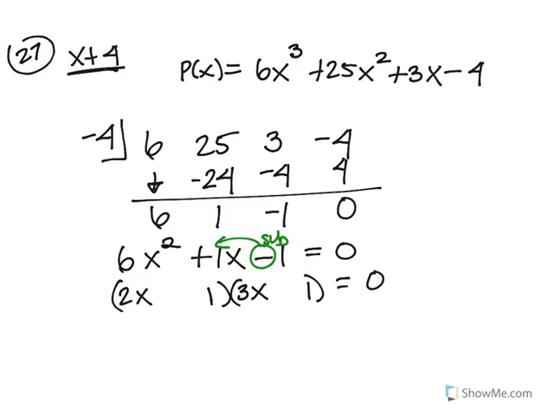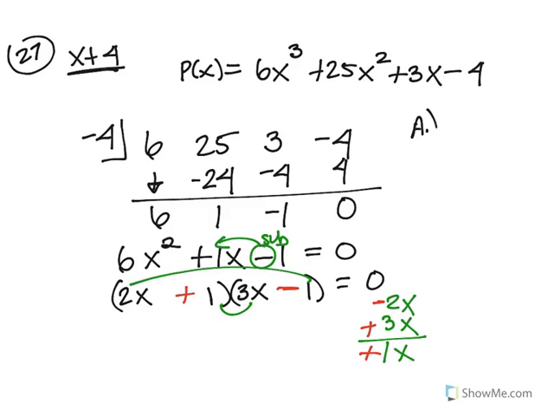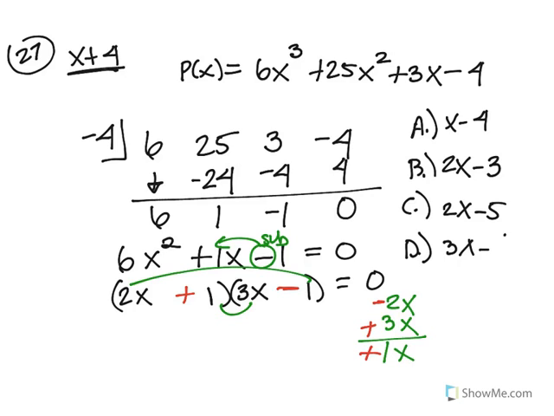So between 2x and 3x, to get that 1x, the 1 is positive. I need a positive 3 and a negative 1. So if you had some choices, because it does give some choices on what would be the other answer to this, then obviously the answer would be the 3x minus 1. The other ones are not the answer.